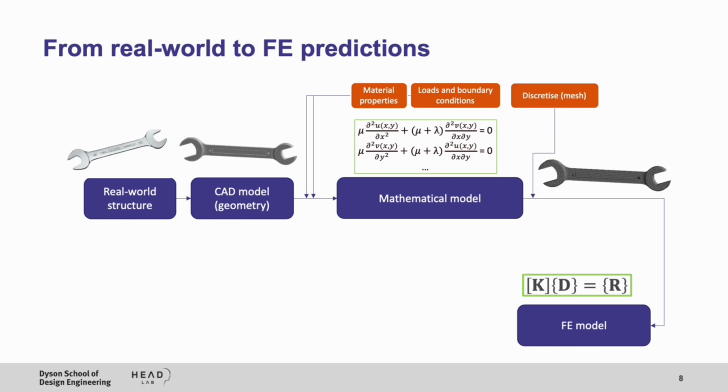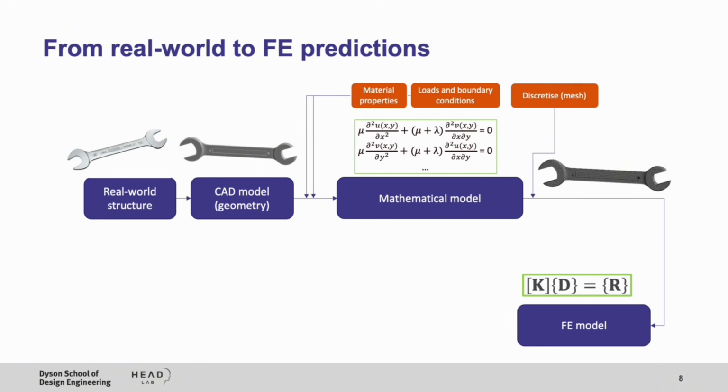Now, you will use elements or finite elements to discretize, to mesh that geometry, and that is when we turn our problem from a purely mathematical problem into a finite element model. As you can see, our governing equation is not anymore a differential equation.